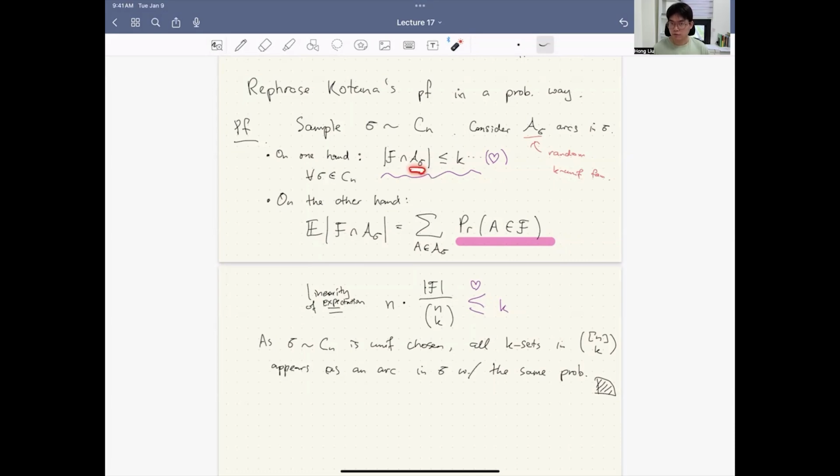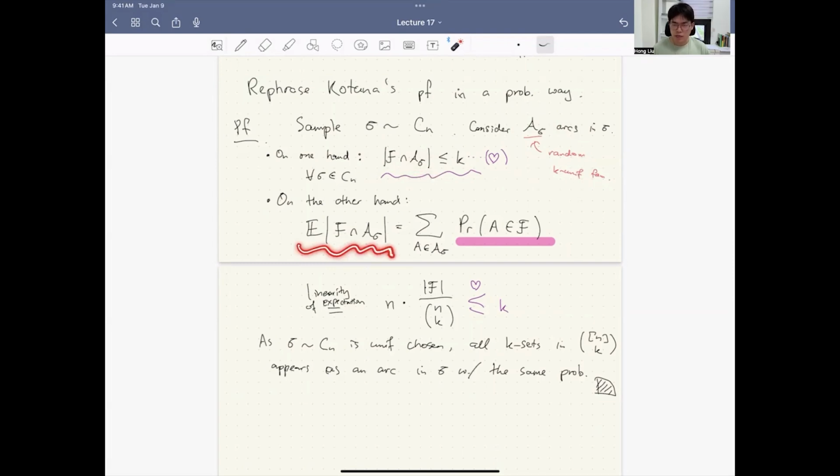There are two things we have to do. First, we have to choose this control group in a smart way, as Katona did here, such that no matter what the outcome of the control group, the intersection of this control group with our family is never too large, as in this inequality. Second, we can also compute the expected size of the intersection set.